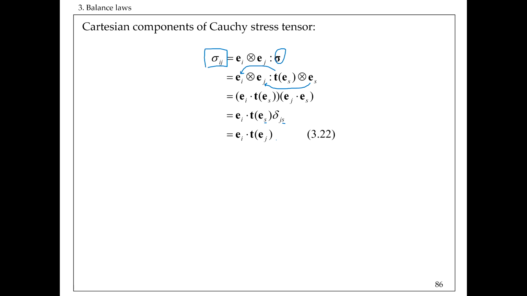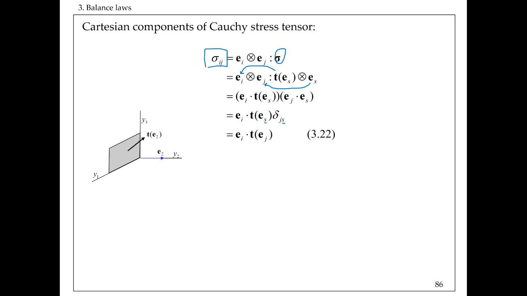And so then you can see that the illustration of that would be this. So we're looking at the cross section at the face that is defined by E2. So this is the normal here.